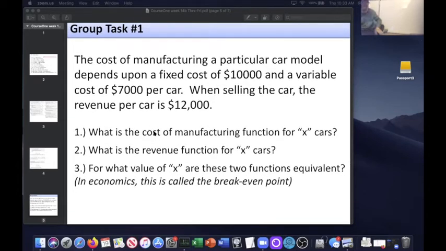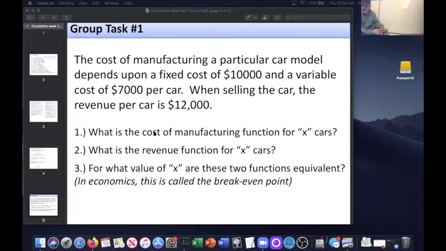So we have this situation here. The cost of manufacturing a particular car model depends upon a fixed cost of $10,000 and a variable cost of $7,000 per car. Right?